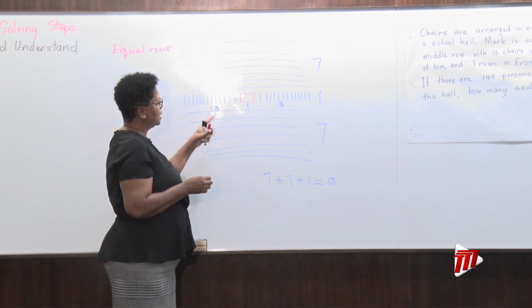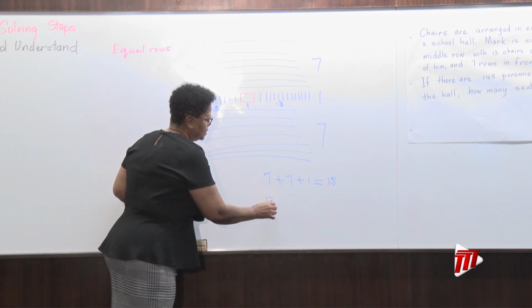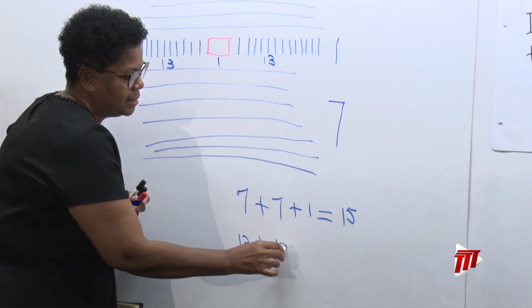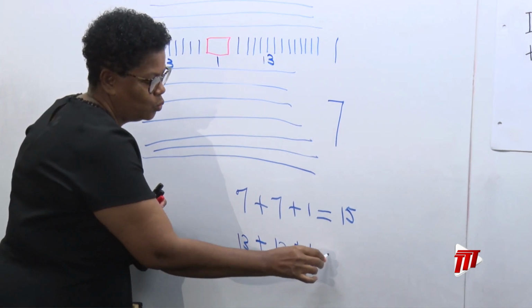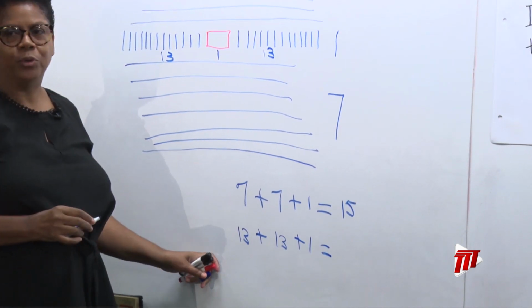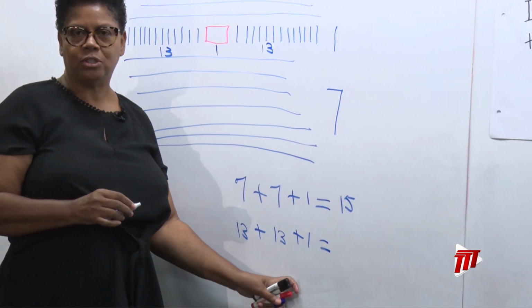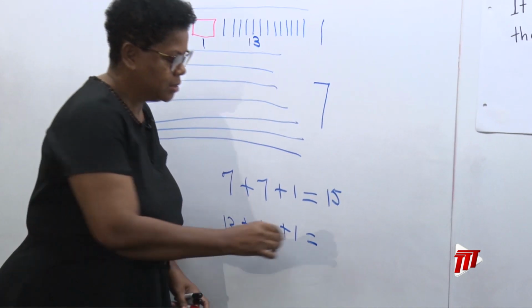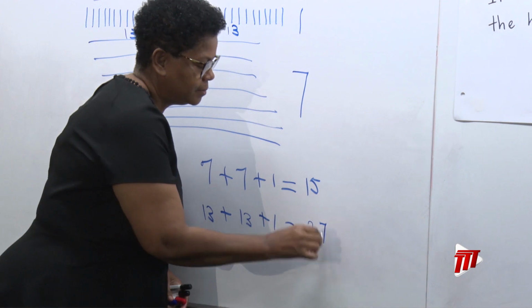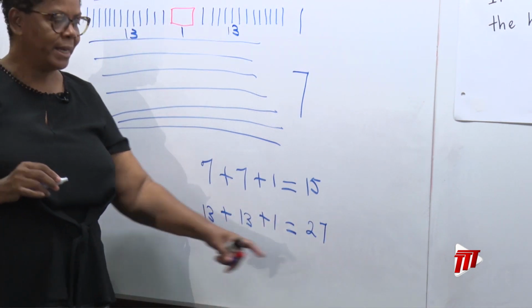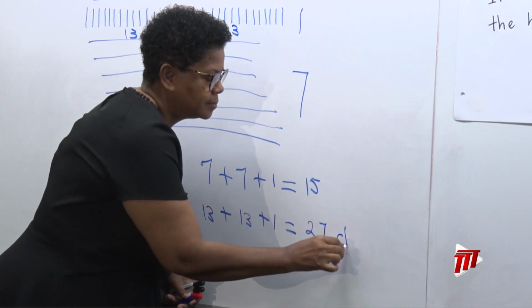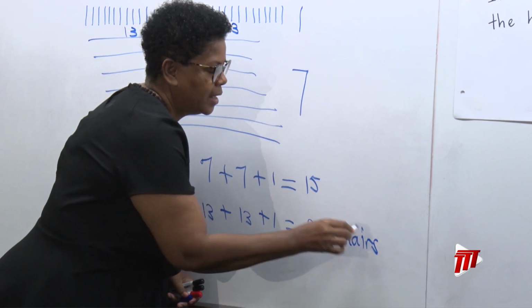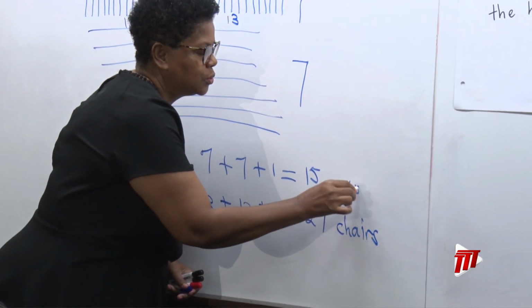So that means that we have 13 plus 13 plus 1, and we know 13 by 2 is 26 and 1 is 27. So we have 27 chairs and 15 rows.